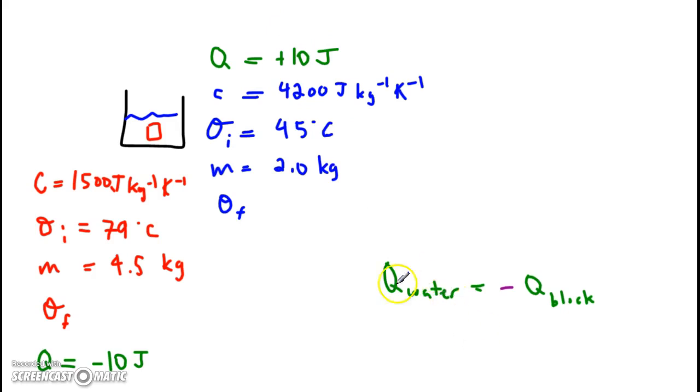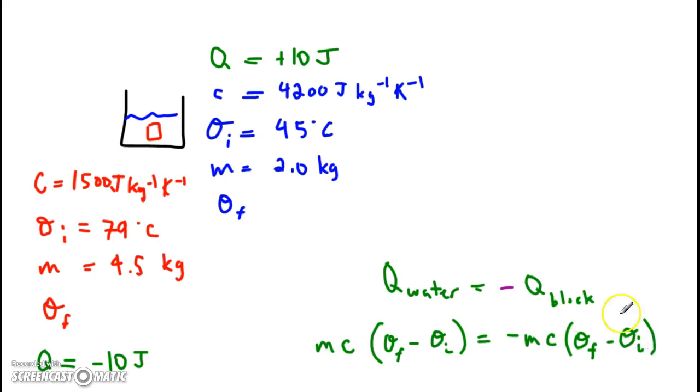We know how to calculate the heat that is gained by the water. It's the water's mass times its specific heat times delta T, which is theta final minus theta initial. And for the block, we have the mass of the block times the specific heat of the block times delta T, which is again final minus initial.